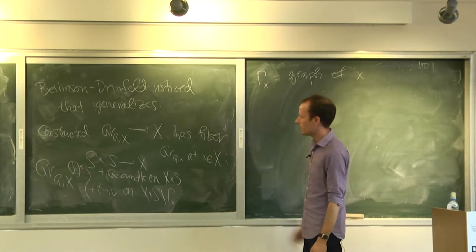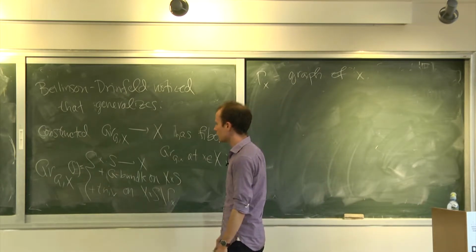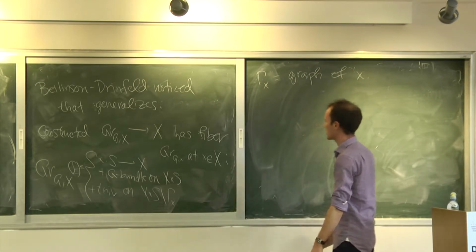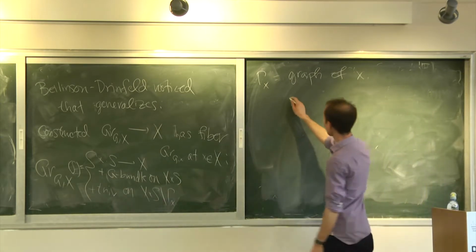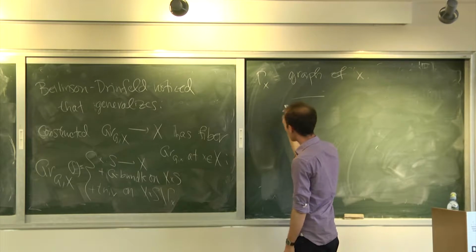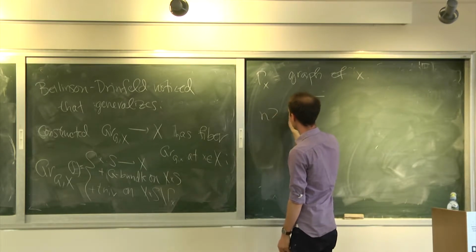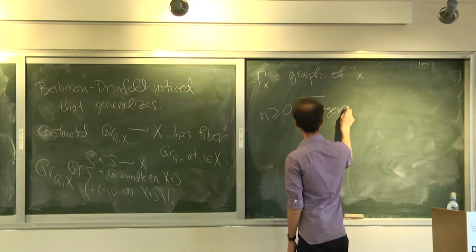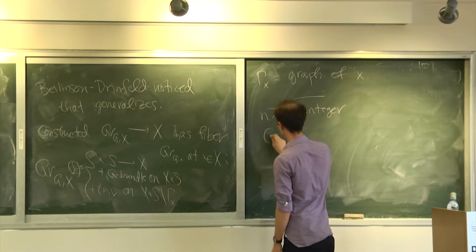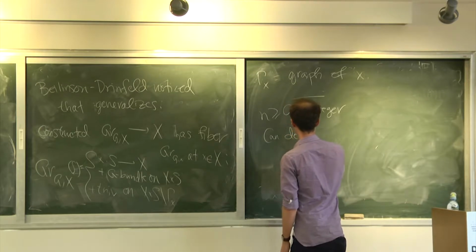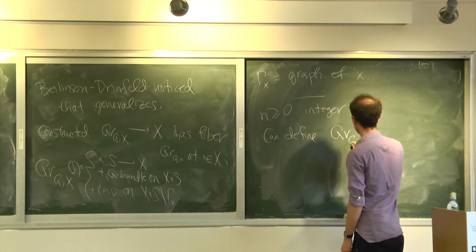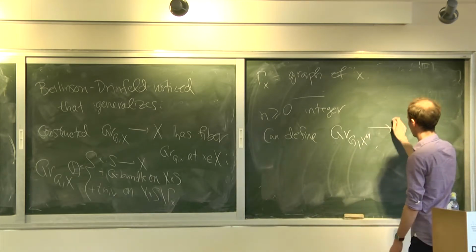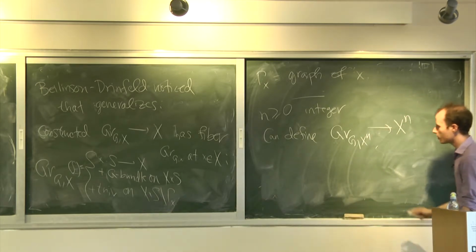OK, so the first thing that Beilinson and Drinfeld noticed is that you can take a point x and move the affine Grassmannian continuously over it. Then the next thing they noticed is that given any integer n, they can define some version of the affine Grassmannian that actually lives over the nth power of the curve X. So how does that work?